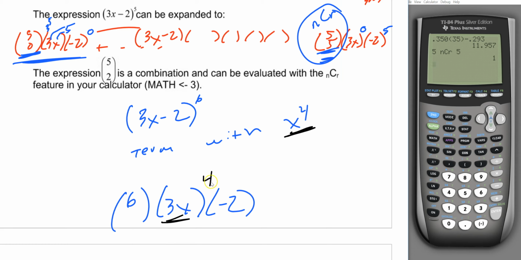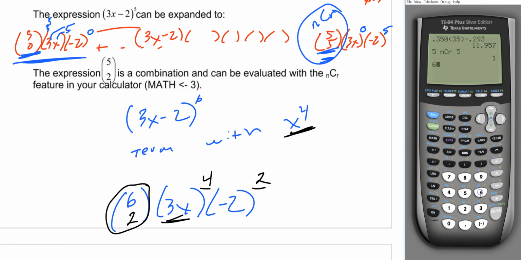If that's a 4, and these have to add up to 6, then this has to be a 2. I can find this in my calculator: 6 math, nCr 2. So 15.